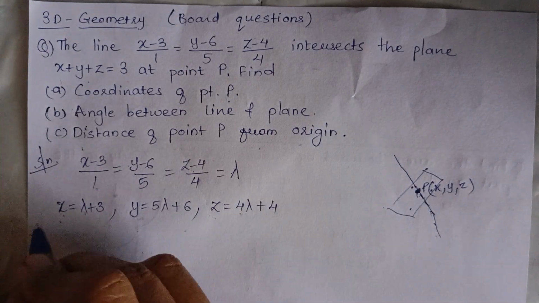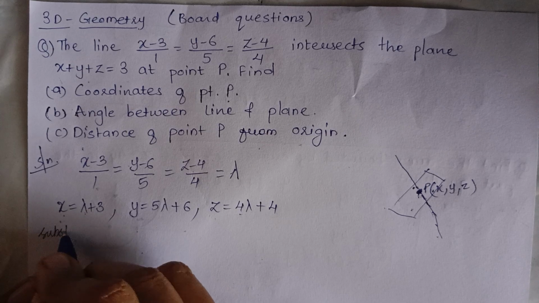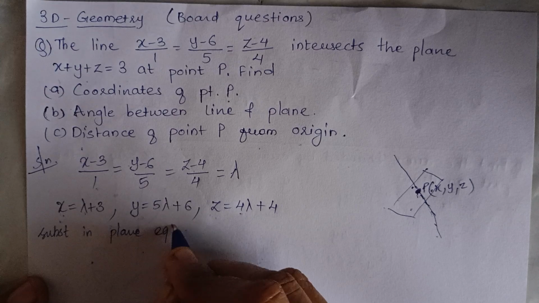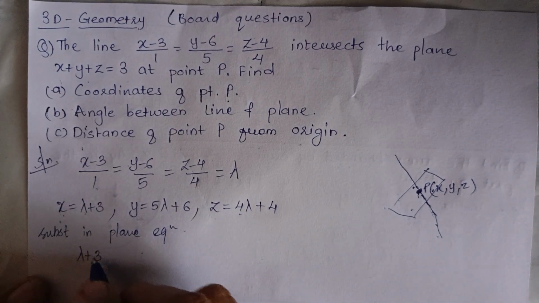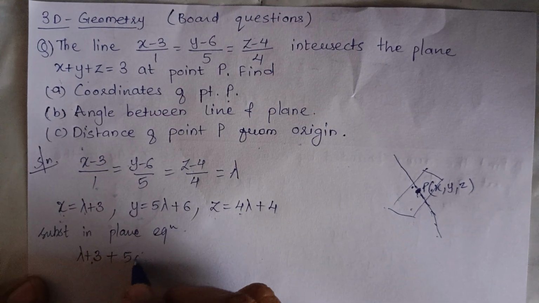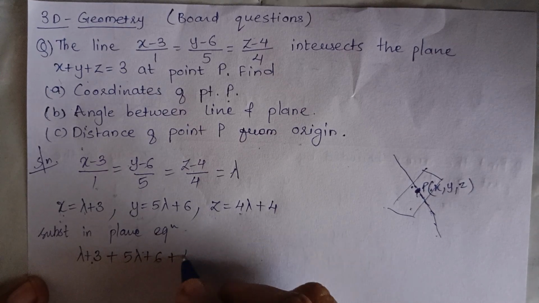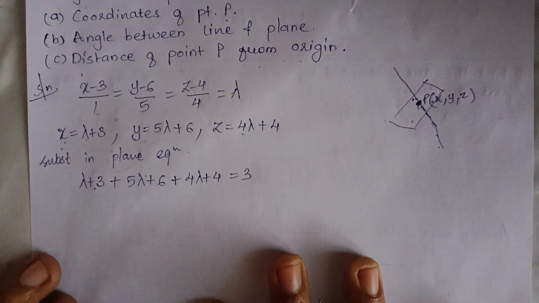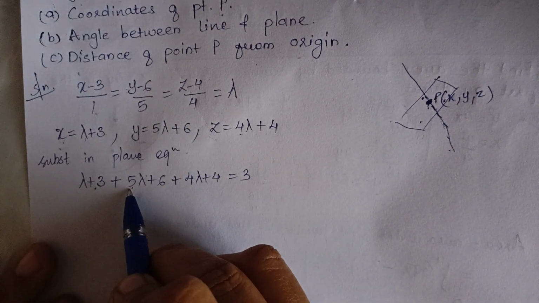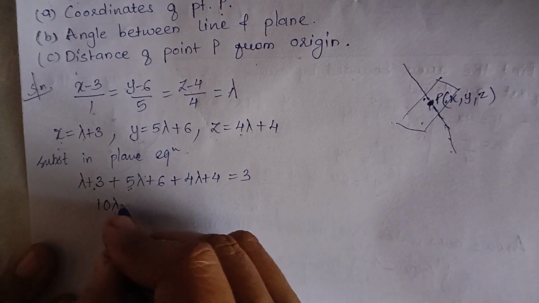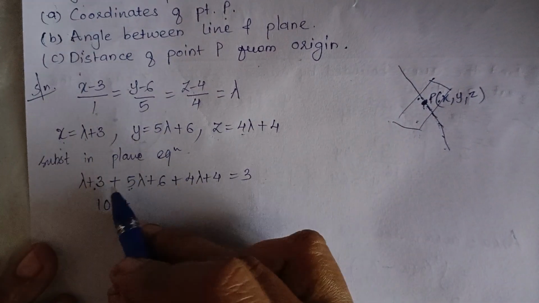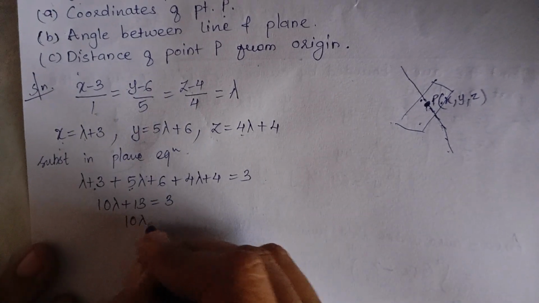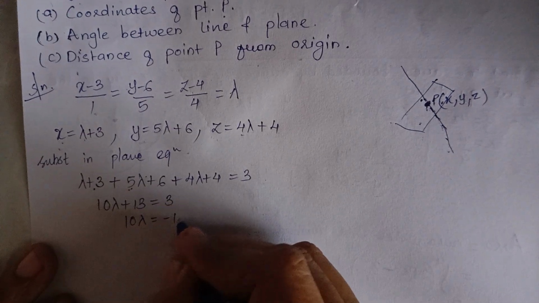So substituting in the plane equation, we get lambda plus 3 plus 5 lambda plus 6 plus 4 lambda plus 4 equals 3. So this is 10 lambda plus 13 equals 3. So 10 lambda equals 3 minus 13, which is minus 10.